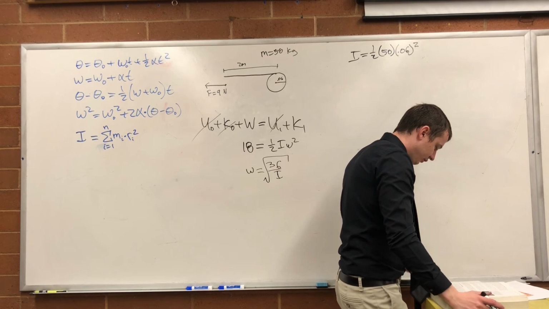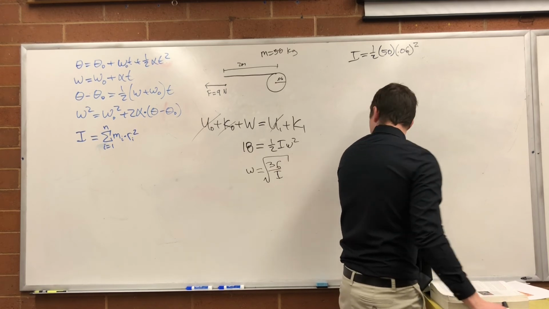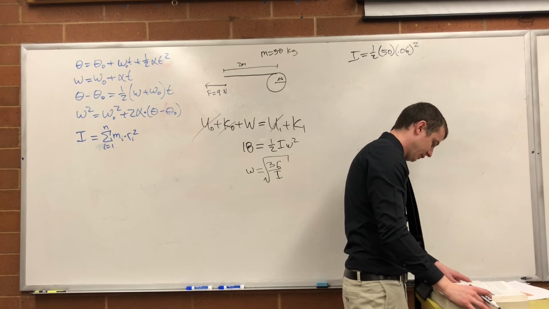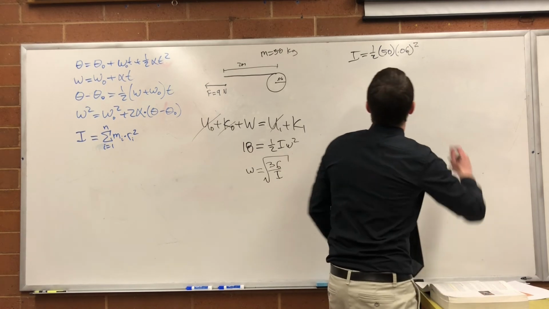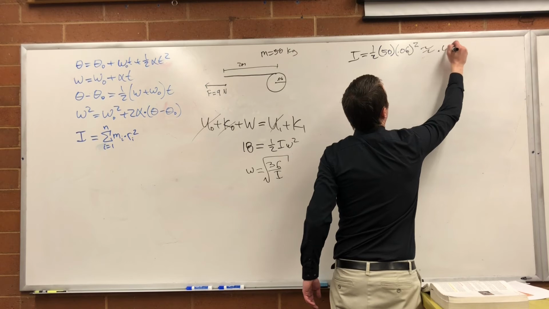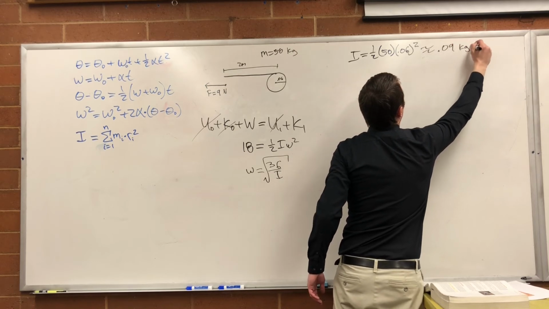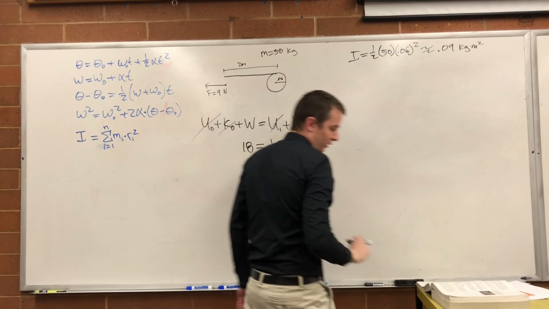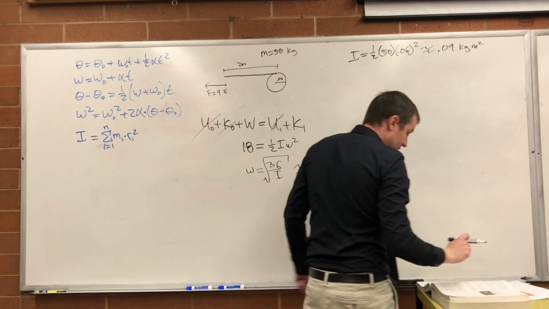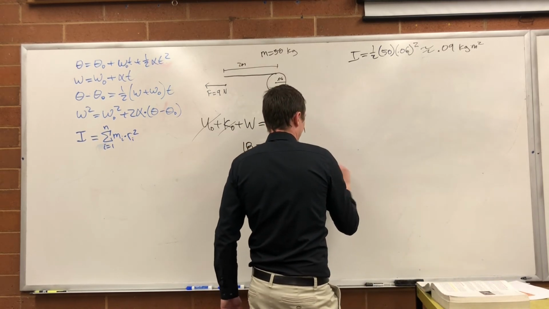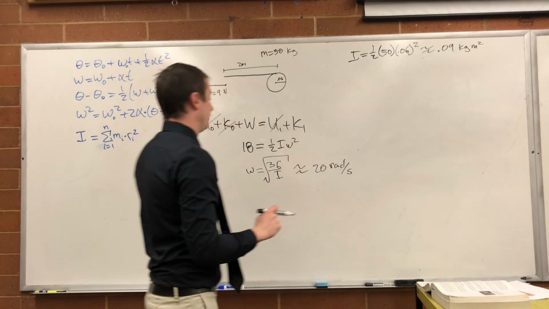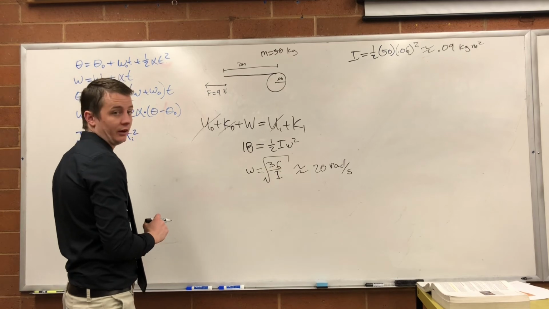So omega equals 2 times the work, divided by I. So we did 2 times 18 divided by 0.09, since they say I comes out to 0.09 kilogram meters squared. And when you plug that all in, it comes out to 20 radians per second. So that's omega.